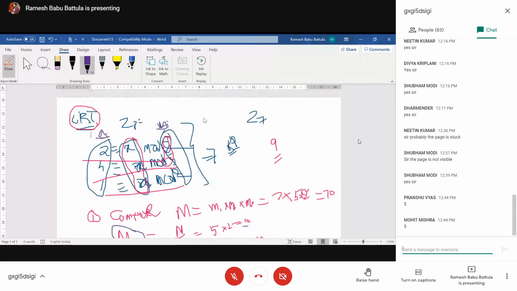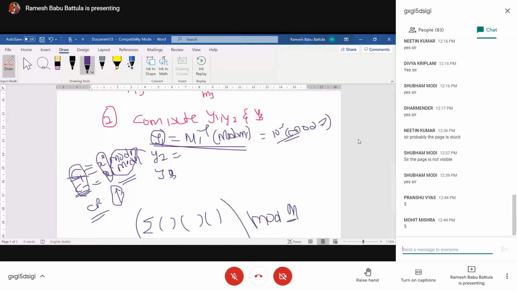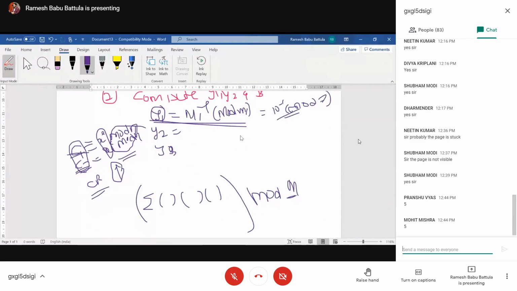Tomorrow's class, which means the Thursday class, we will discuss this Chinese remainder theorem in more detail. Meanwhile, you should also read and come for that class. And one more interesting algorithm we will move to in the next class.